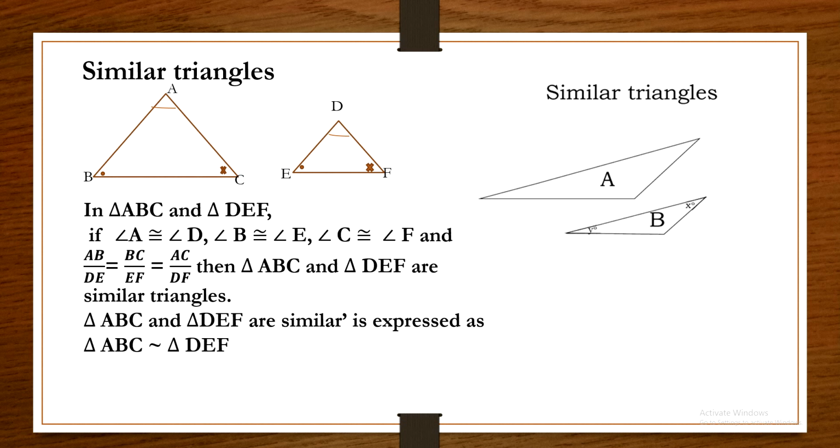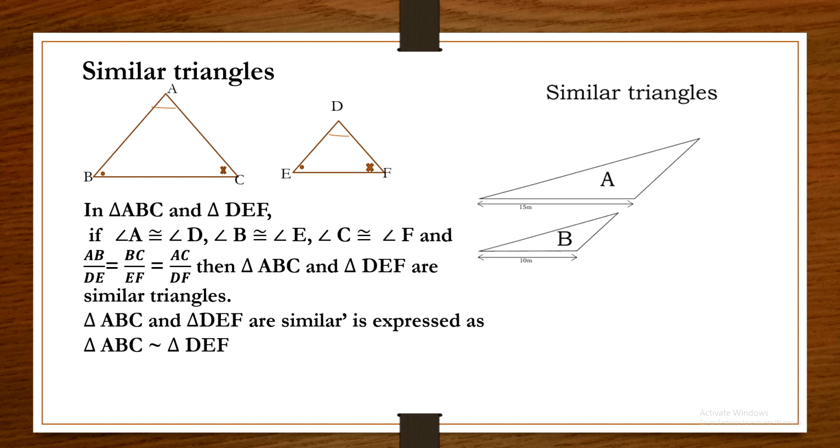Note in the figure that all three angles are congruent to the corresponding angles. That means all three angles of triangle B and triangle A are congruent. Also the ratio of sides are in proportion.